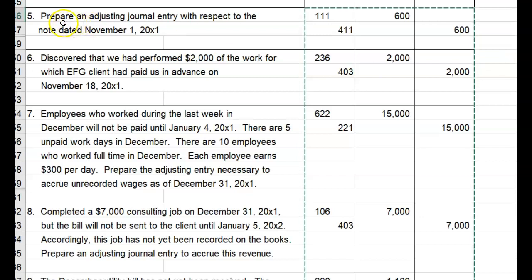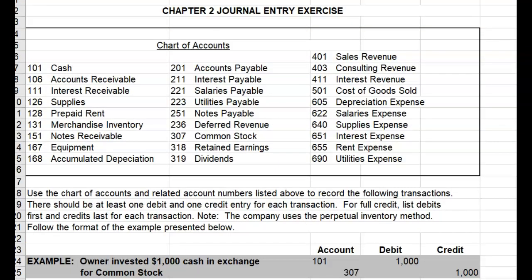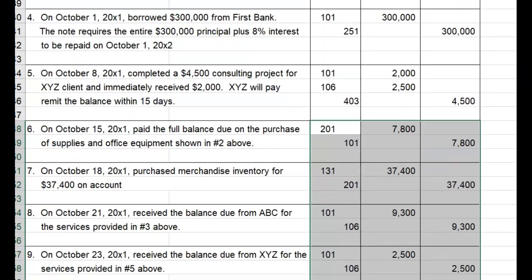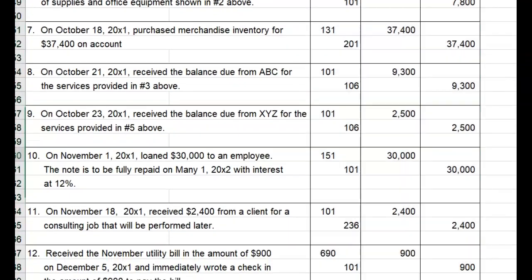Let's start out with adjusting journal entry number 5. It says prepare an adjusting journal entry with respect to the note dated November 1st. So if we go to the Journal Entry tab, look at November 1st, and we see that we have loaned $30,000 to an employee.